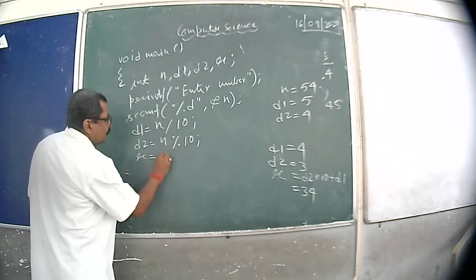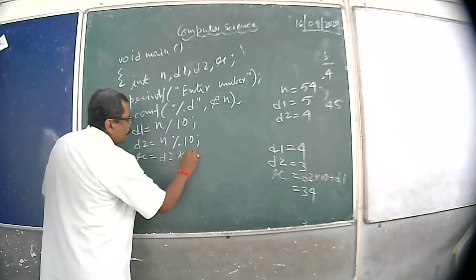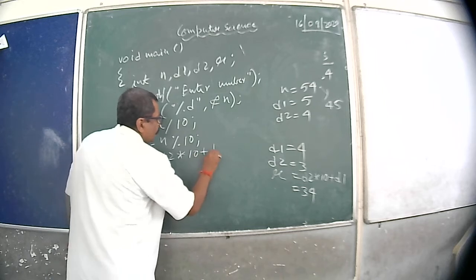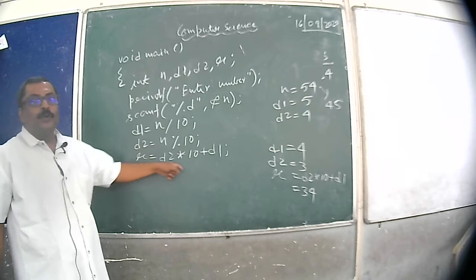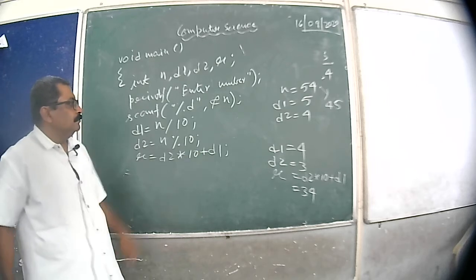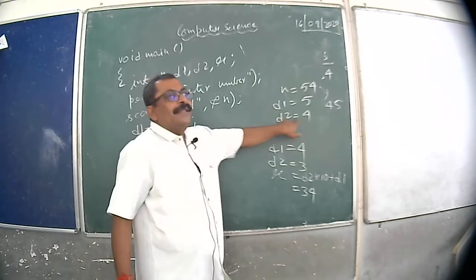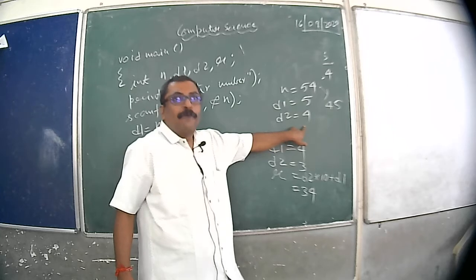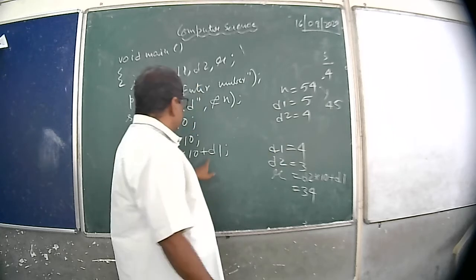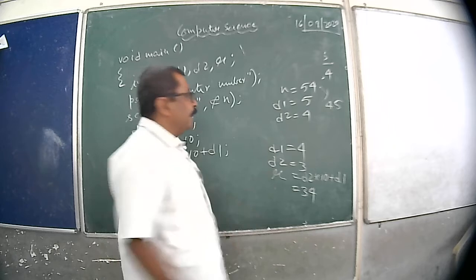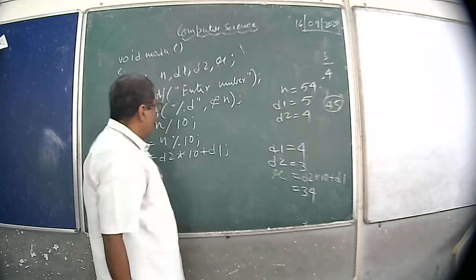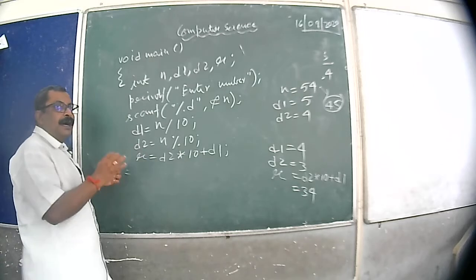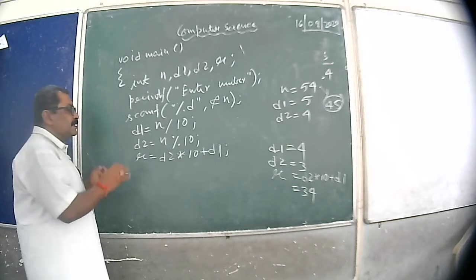So, D2 into 10 plus D1. D2 into 10, that means 4 into 10 is 40, plus D1, that means 45. That is the 45. Done. Here you can print the original number as well as the reverse number.